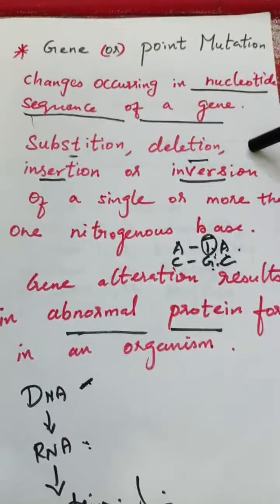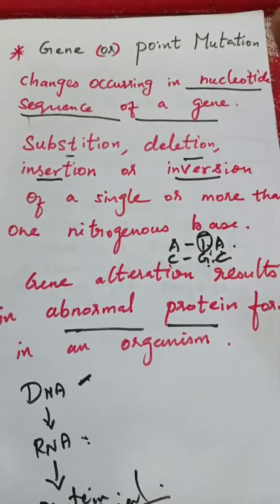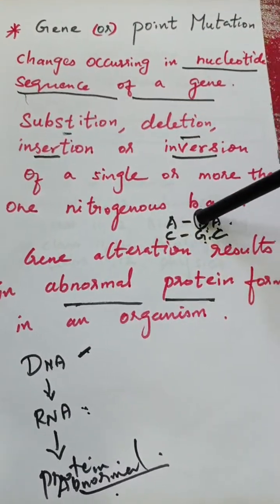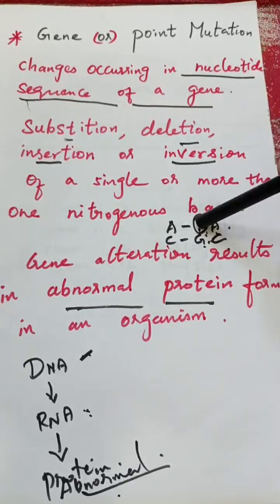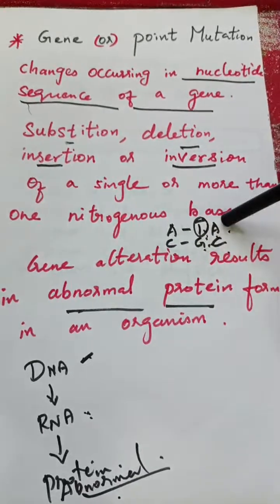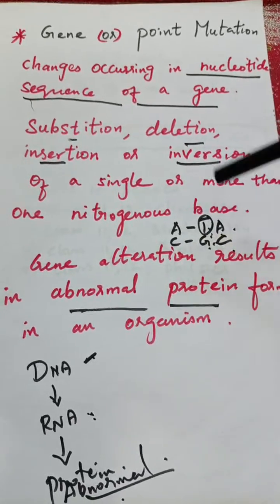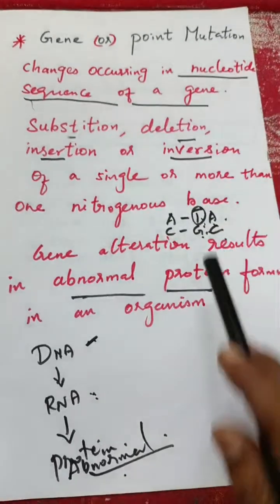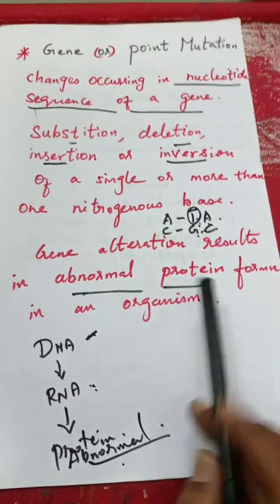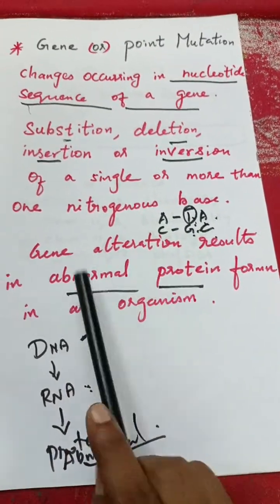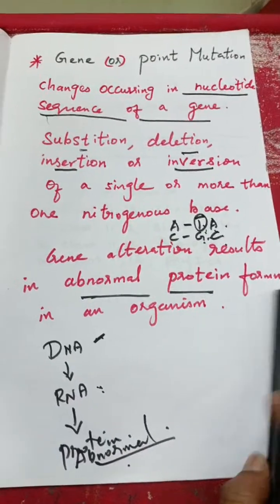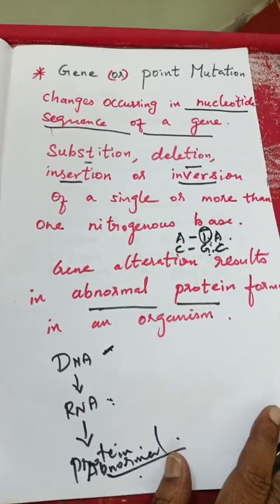Deletion, substitution, insertion, inversion. I already explained that adenine should be paired with thymine only. If it is not pairing, and any other base comes and occupies it, it is a mutation, it is a change. That change will produce abnormal protein. So one gene alteration will result in an abnormal protein in an organism. Understood? So this is about the mutation.